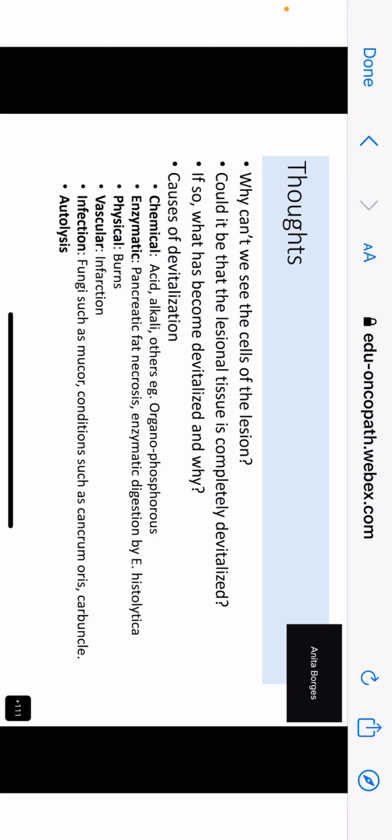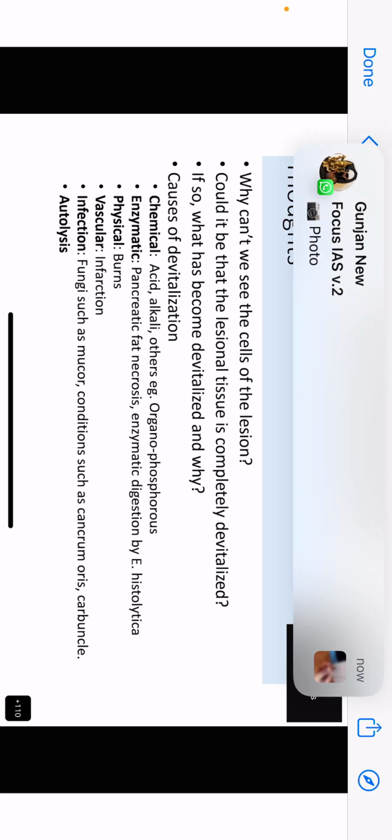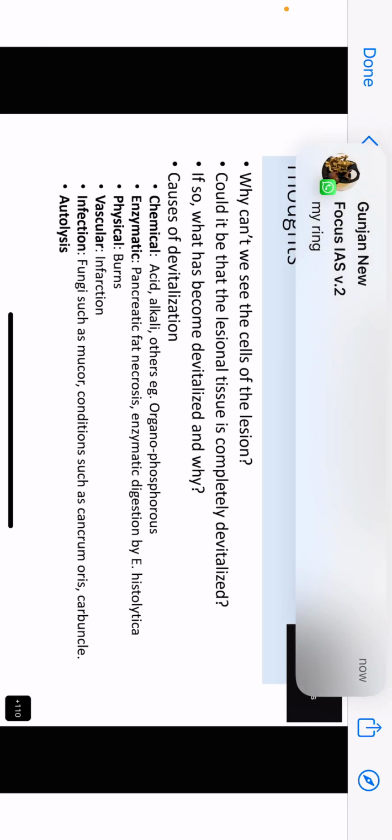Vascular, you were right: ischemia, infarction. Infections: fungi such as mucor and conditions such as cancrum oris, carbuncles in people who have diabetes. And of course, if tissue is not preserved, autolysis also causes complete devitalization of tissue.